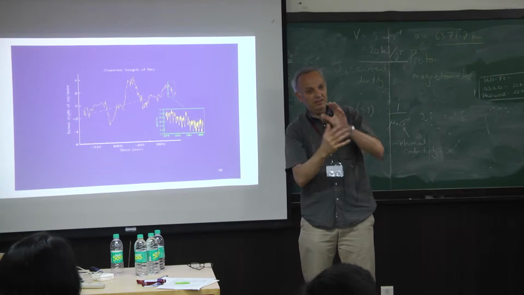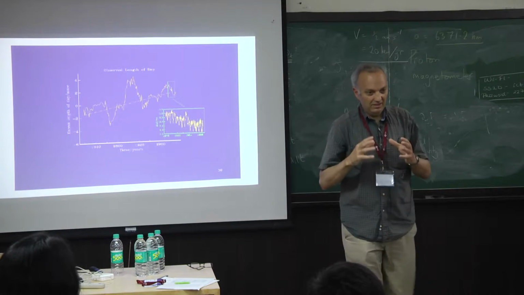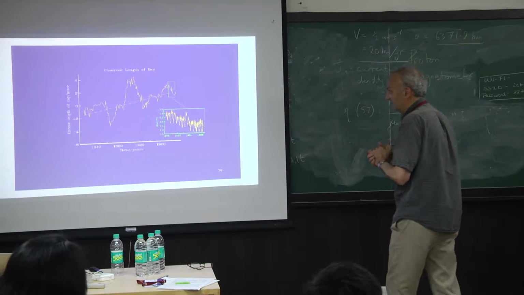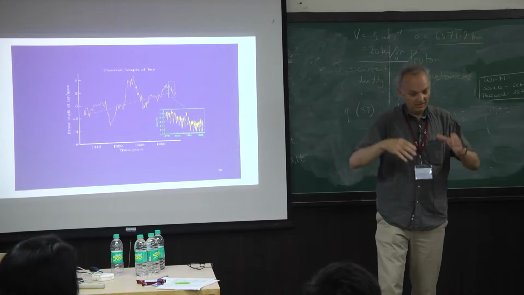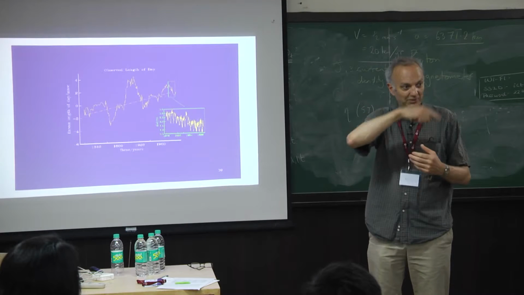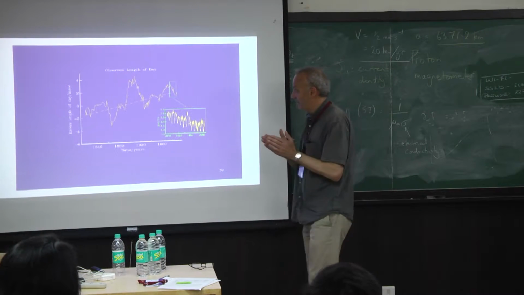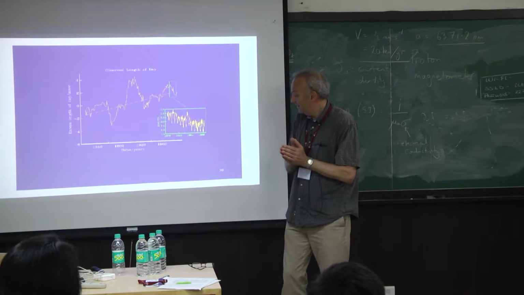It tells you that the rotation rate of the Earth is not quite steady. There are small fluctuations in the rotation rate. And we call that the length of the day. The length of the day is the time that it takes for one rotation, of course. So the length of the day is measured in seconds.